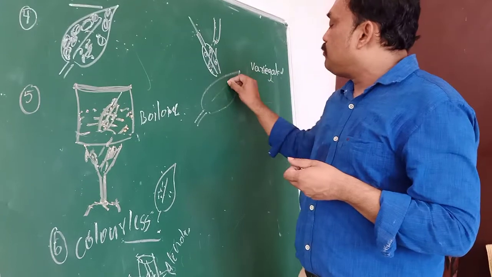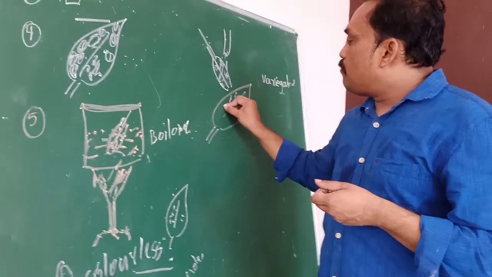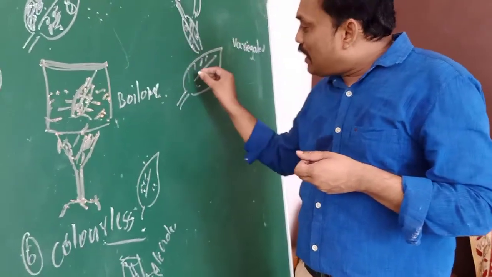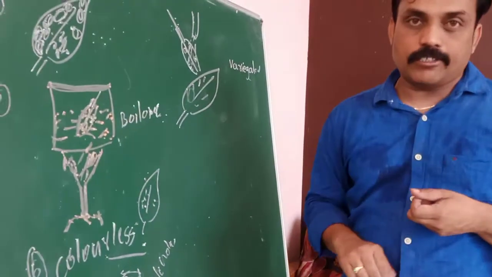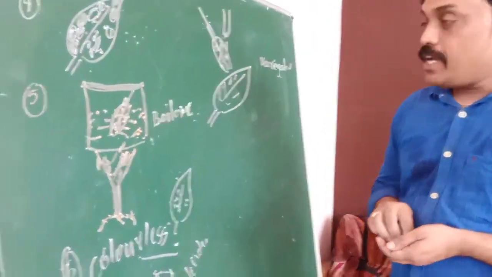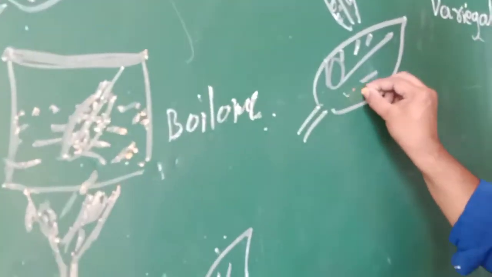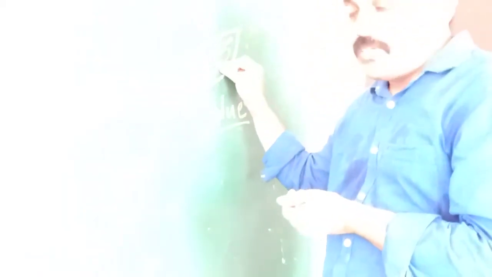If you pour some iodine drops, we observe the leaf. For example, wherever the green parts are, try to understand, focus on this.